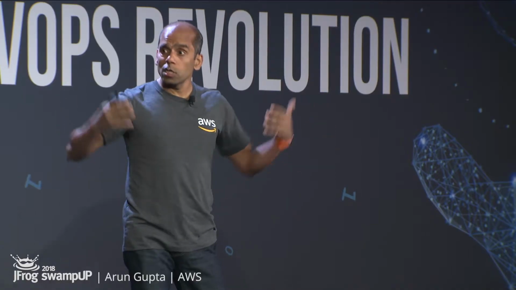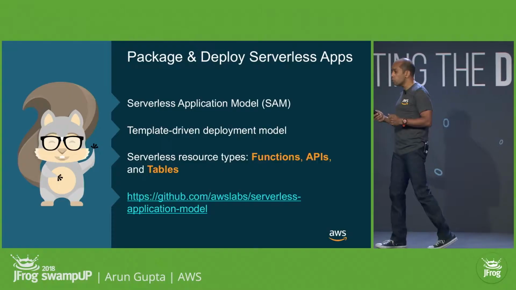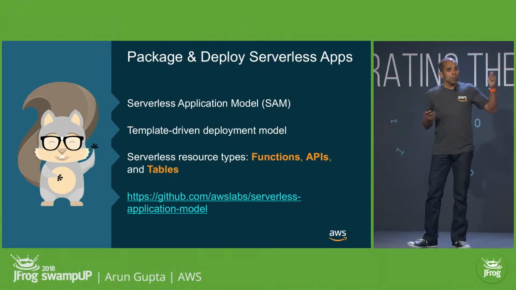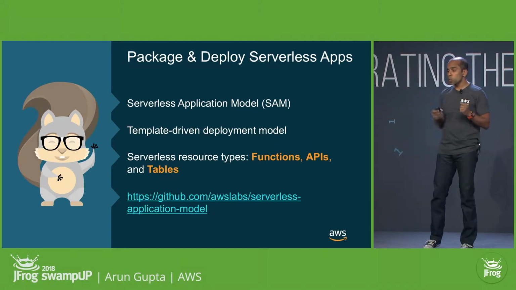So essentially, the SAM template, as we call it, really allows you to get started with serverless applications rather quickly and easily. And as I said, the model is completely open source. Recently, we also announced the SAM translator, which is open source, because what happens behind the scenes is you take the SAM template and translate it to CloudFormation, and that is what is given back to the AWS cloud to provision all the resources.